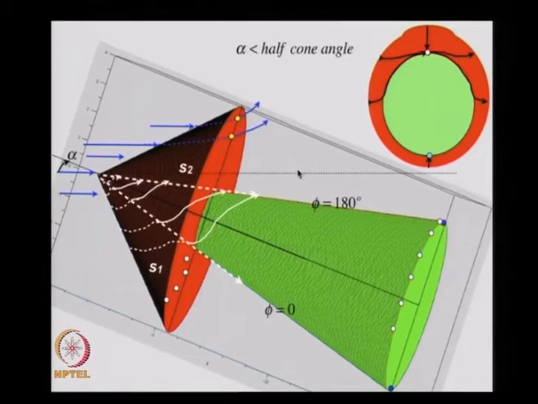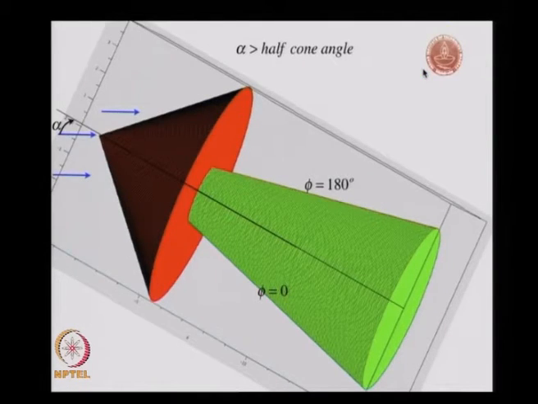So what we see over here is this case. On the top portion of the cone, if you look at this projected plane, we have a vortical singularity point over here.